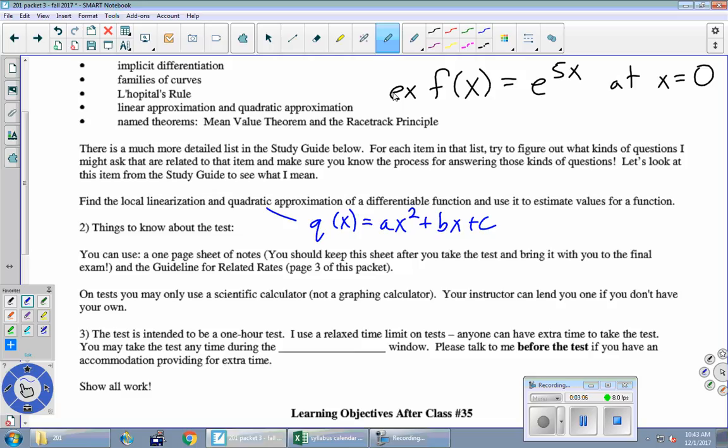And it was a process, and the process involved finding the first derivative of both functions, finding the second derivative of both functions, and then plugging 0 into 6 different functions. 1 and 2 are here. First and second derivatives are the other 4 functions. You plug 0 into 6 functions, and then you make them equal each other in the right way, right? You need f of 0 to equal q of 0, and f prime of 0 to equal q prime of 0, and f double prime to equal q double prime. And that gives you 3 equations with the a, b, and c, and then you find a, and you find b, and you find c.